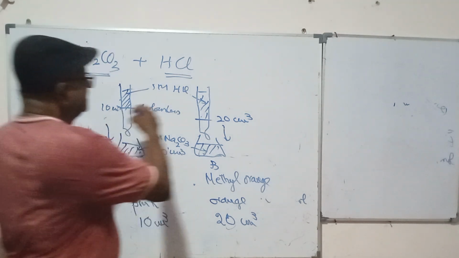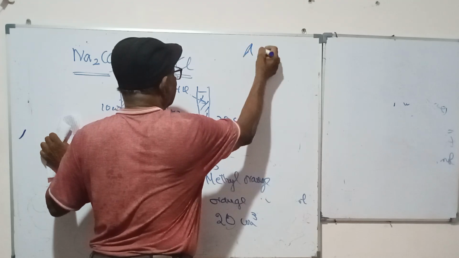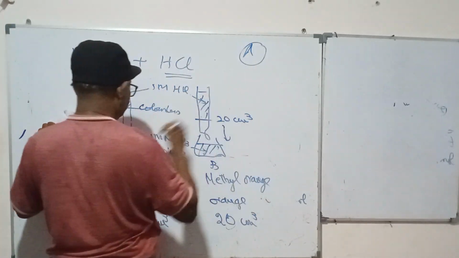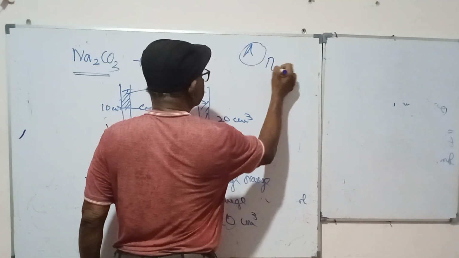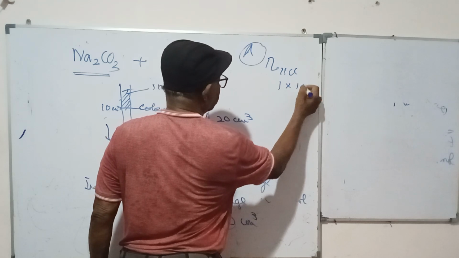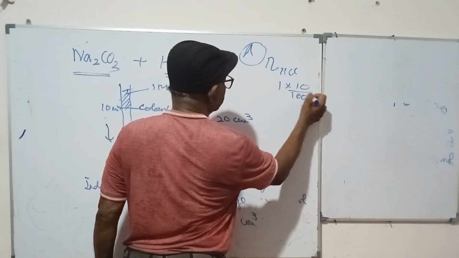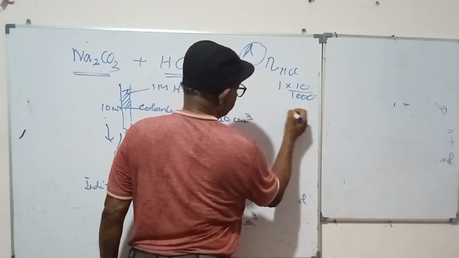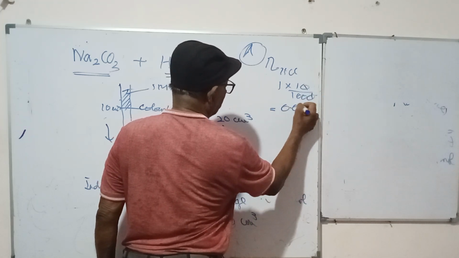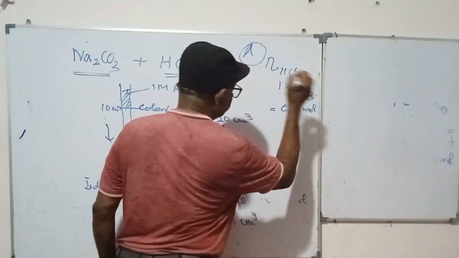Then, if we consider A, we can calculate N HCl: 1 into 10 divided by 1000 mole, 0.01 mole of HCl.